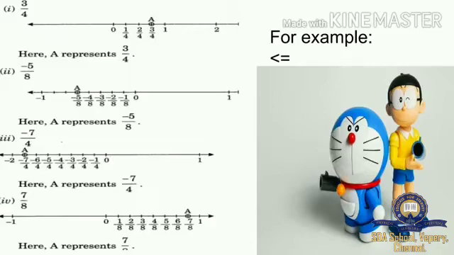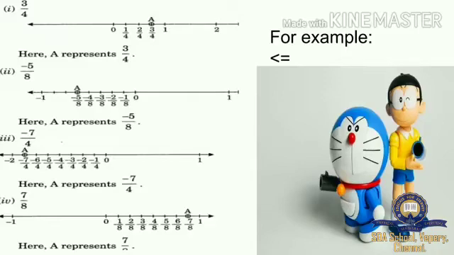You should always remember, the denominator is the key for you. You should go denominator-wise. If the denominator is 2, it is 1 by 2, 2 by 2.